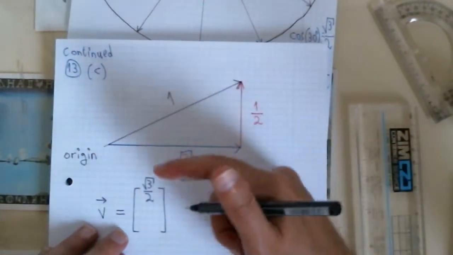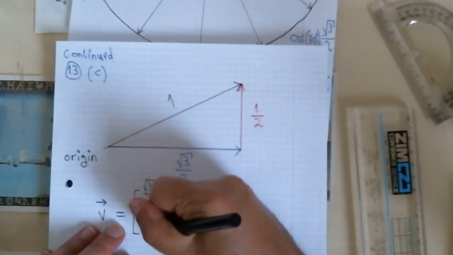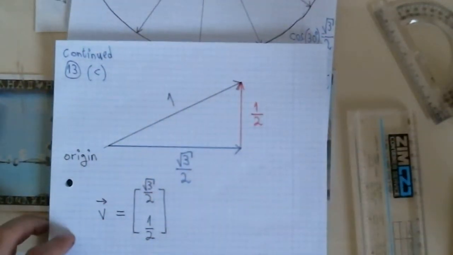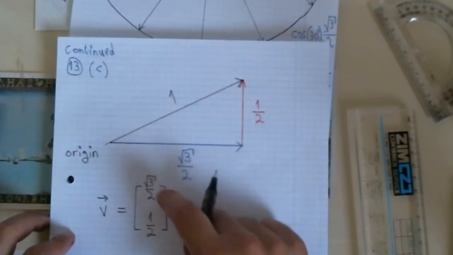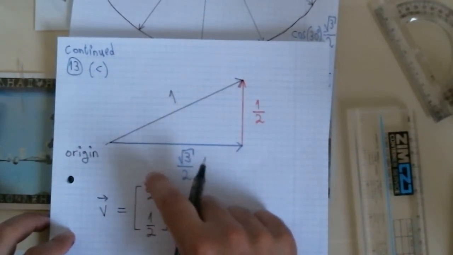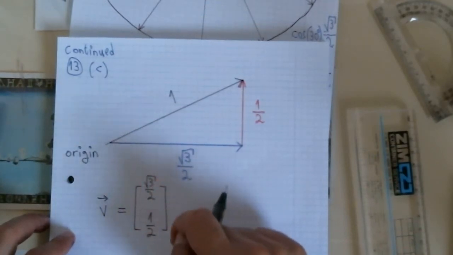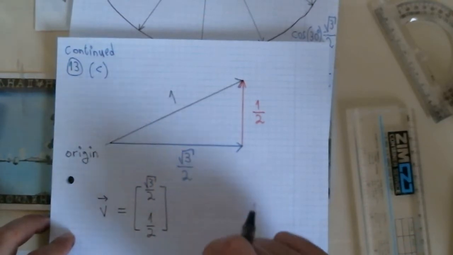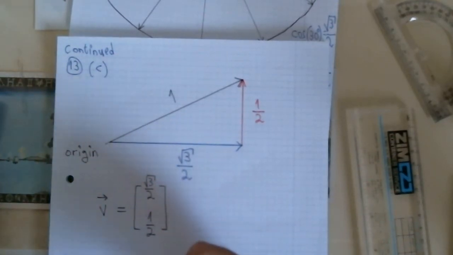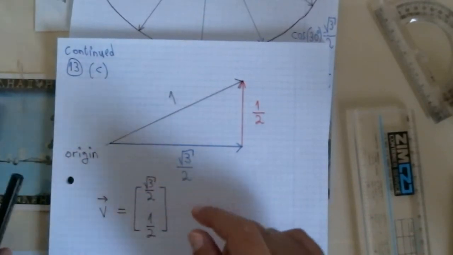So this is half. Okay, and this is the answer. Vector v equals root of 3 divided by 2 as the first component, and the second component of v is 1/2. Okay, so thank you and goodbye.